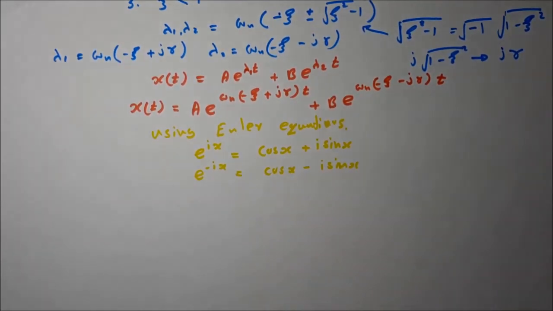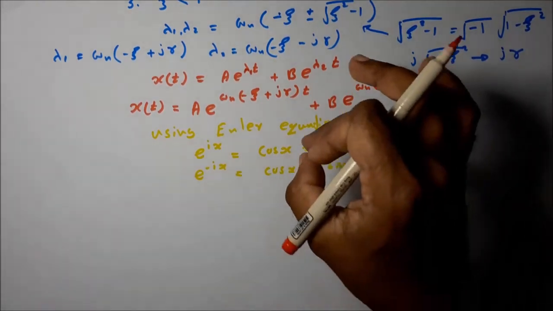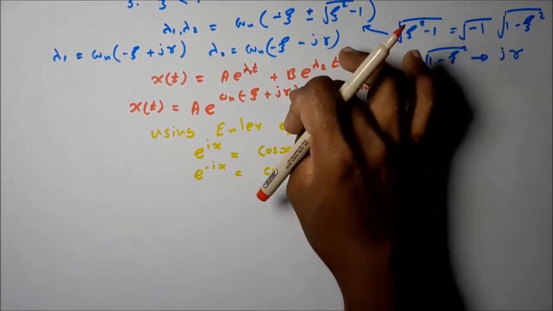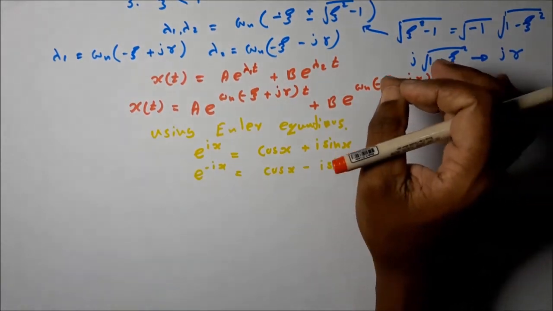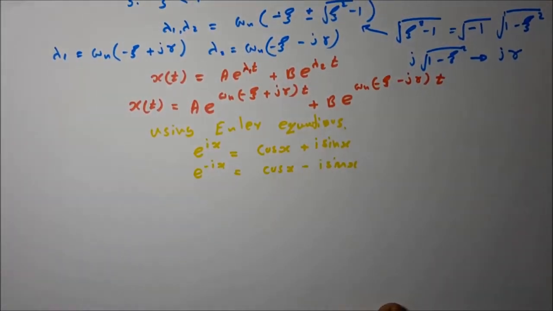I think you learned this equation in your A level, and you are familiar with these equations. Then, using the Euler equations, I am going to write the complex exponential term using the cosine and sine. Okay, we are going to convert.